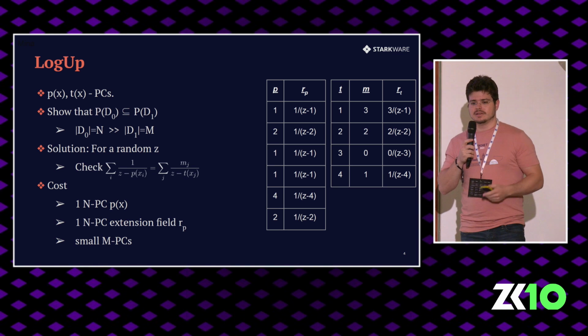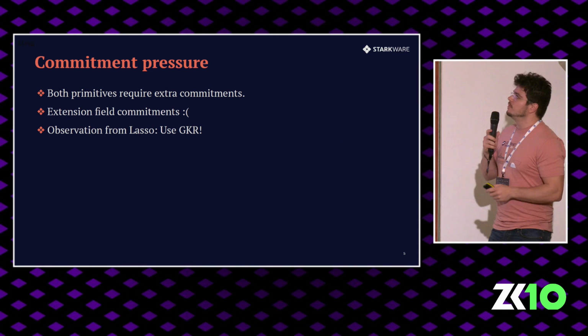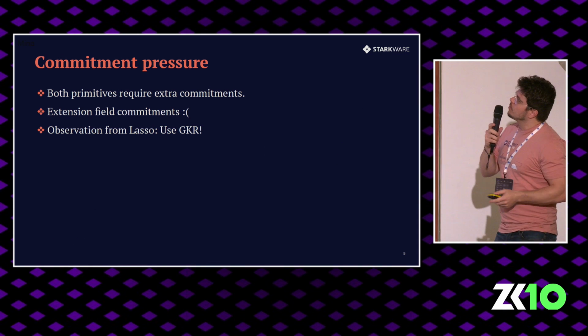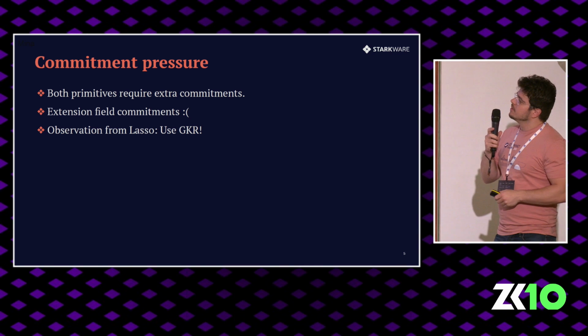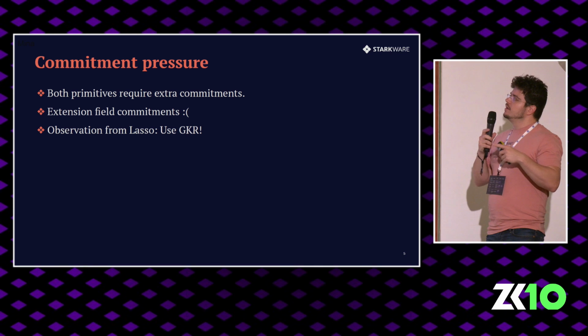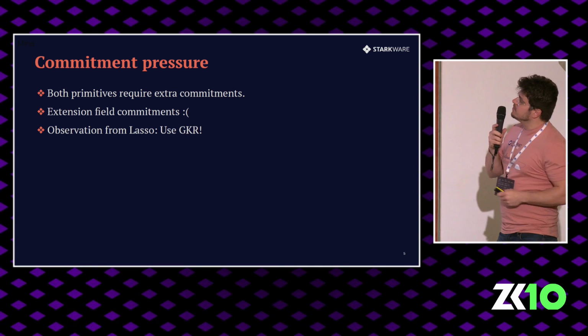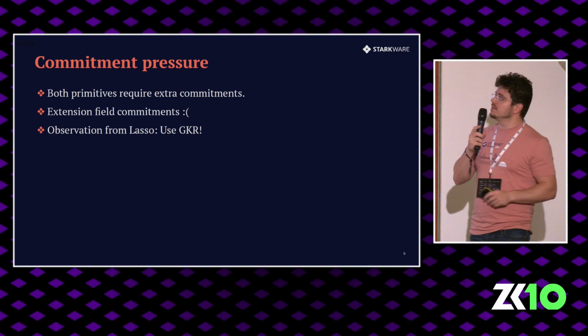All right. So yeah, like I said, both primitives require extra commitments to the cumulative product and the 1 over the value for the lookup, and there are extension field commitments, and we don't want that.